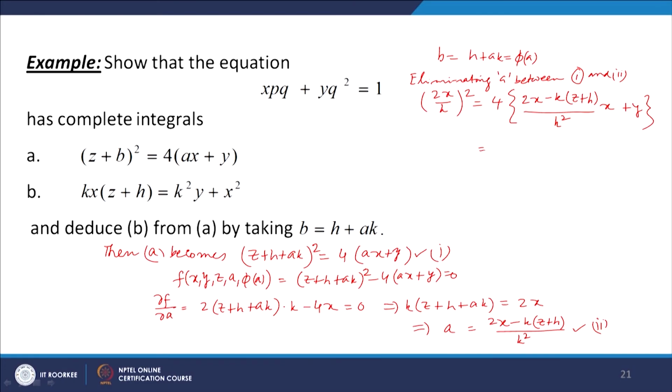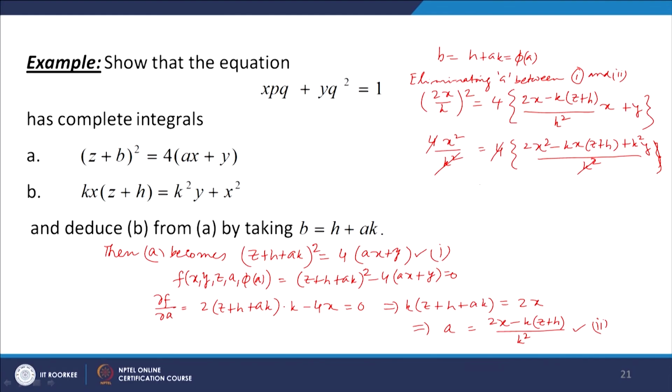Or I can write it as 4x square upon k square equal to 4 times 2x square minus kx into z plus h plus k square y divided by k square. So this k square will cancel with k square, 4 will cancel with 4, and what we will have is x square equal to 2x square minus kx into z plus h plus k square y.